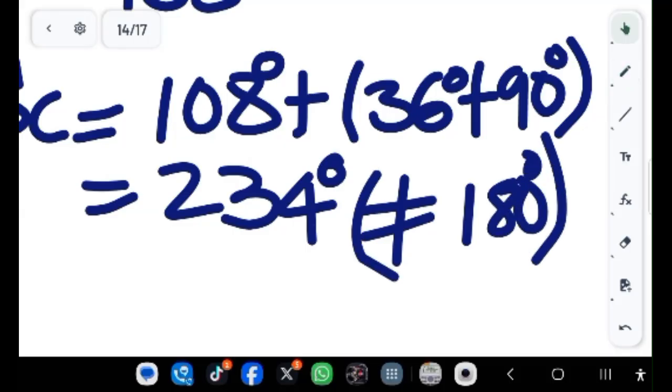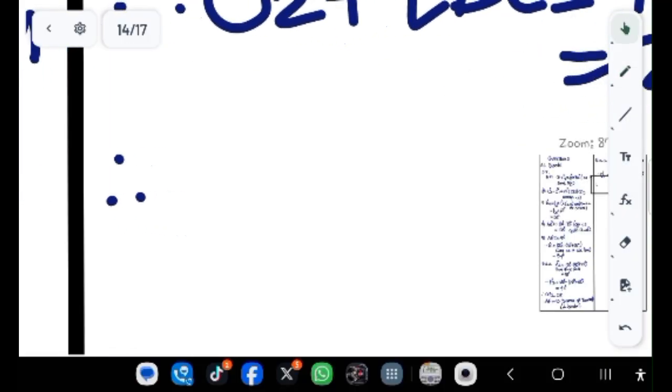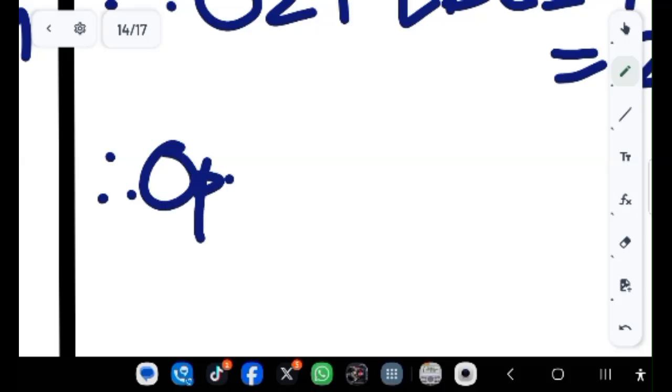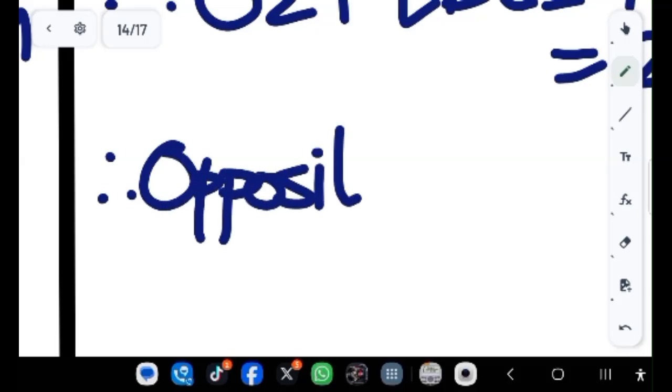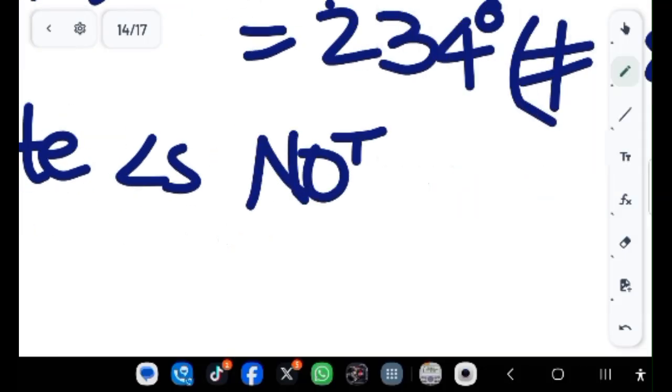So meaning that, therefore, opposite angles are not supplementary.